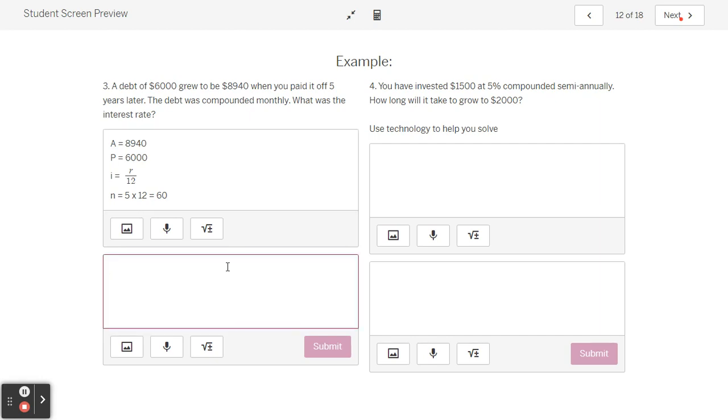Put that into our equation. 8,940 is equal to 6,000 times (1 plus r over 12) raised to the power of 60. Now, for this kind of question, with the unknown inside the bracket, you can do algebra, but it's a little complicated. We can use technology to help.